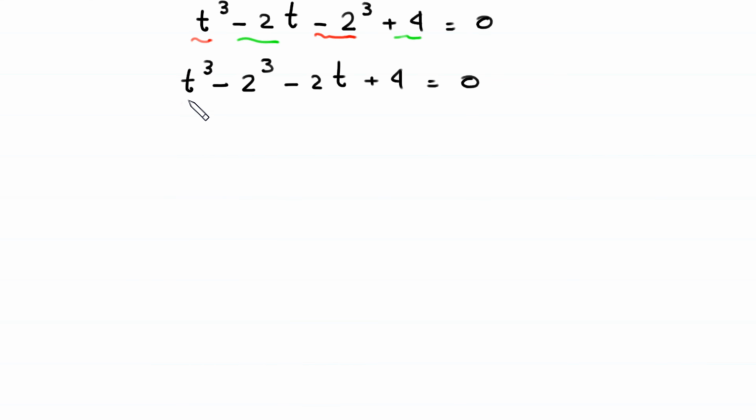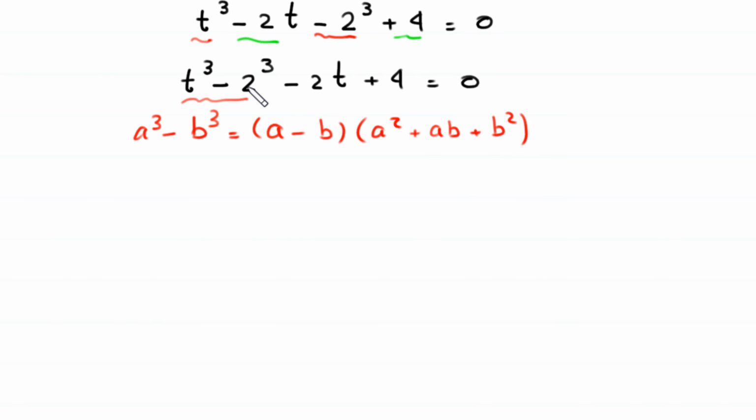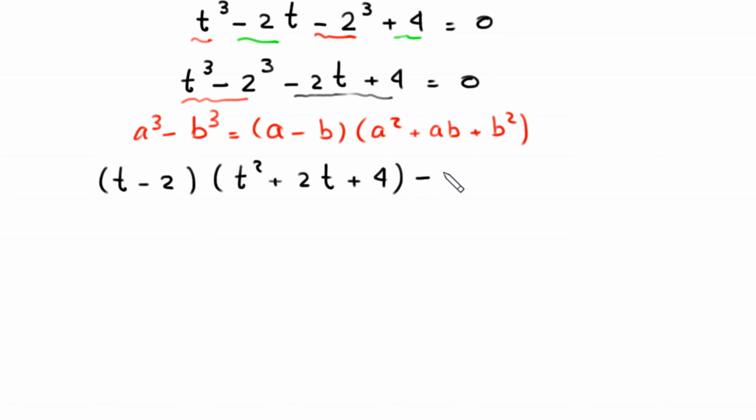Now we have a difference of two cubes, so we use this algebraic identity: a³ minus b³ is equal to (a minus b) times (a² plus ab plus b²). This t³ minus 2³ will become (t minus 2) times (t² plus 2t plus 2², which is 4), and from these two terms negative 2t plus 4 we can factor out negative 2.